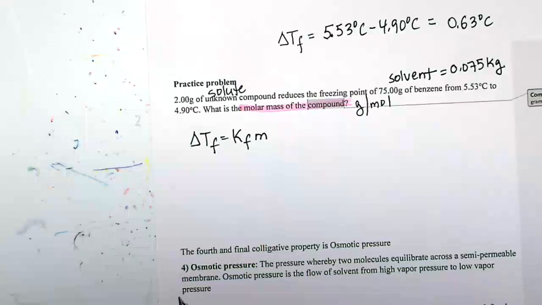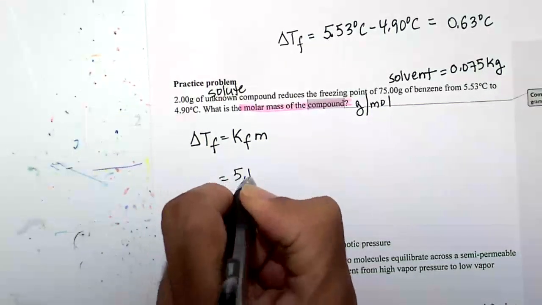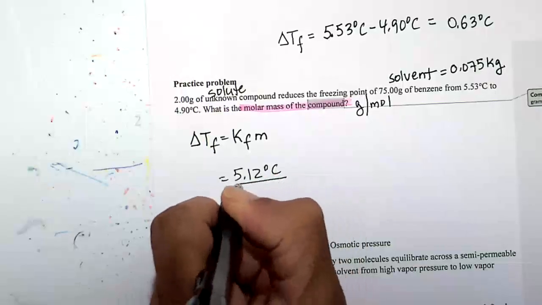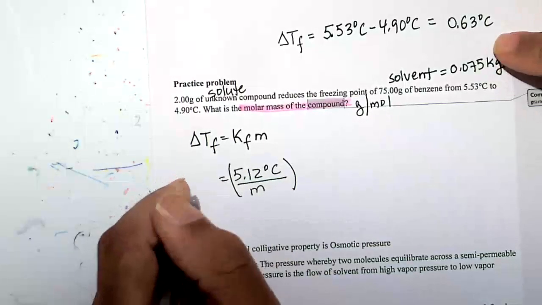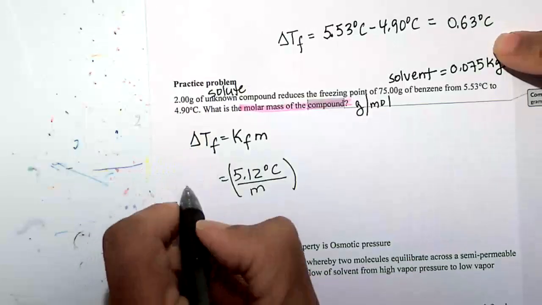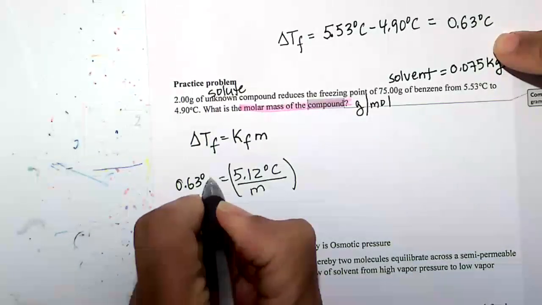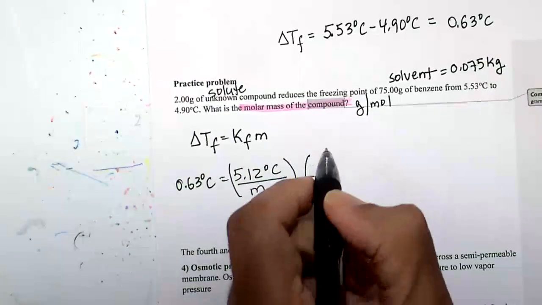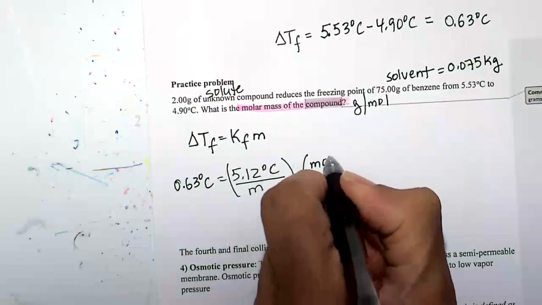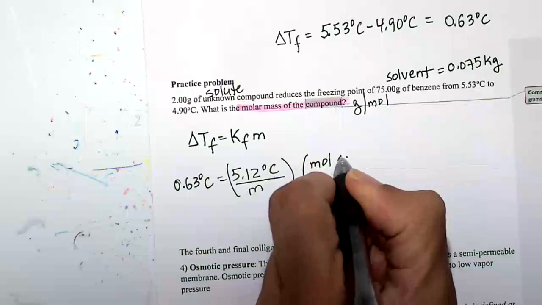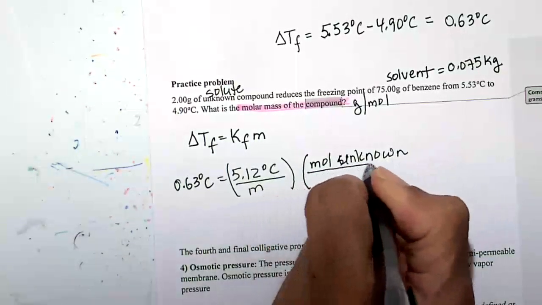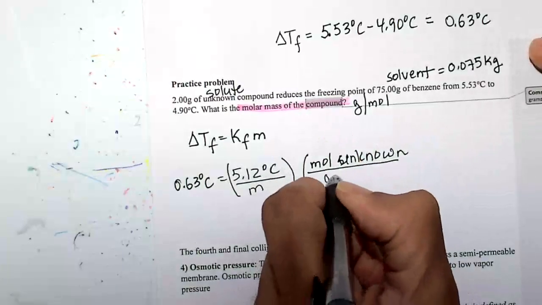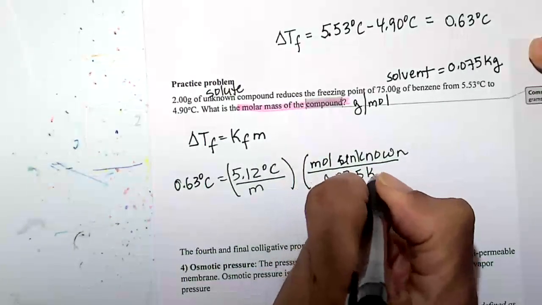And our delta T is 0.63 degrees. Here we're going to have moles of solute, which is unknown. Just say moles of unknown, over kilograms of solvent, which is 0.075 kilograms.